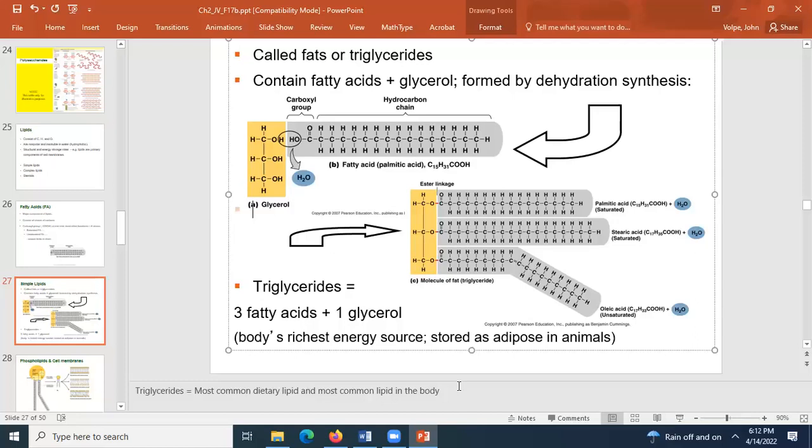Now, I'm not saying that eating lipids is the healthiest thing to do, but if you need the energy, you should eat lipids. And actually, if you eat the correct lipids, it is healthy. And we'll talk a little bit about that.